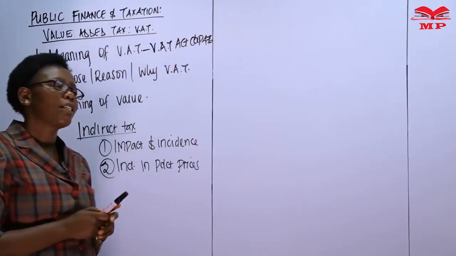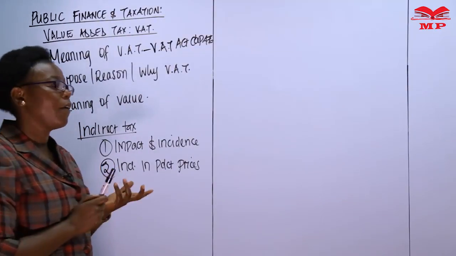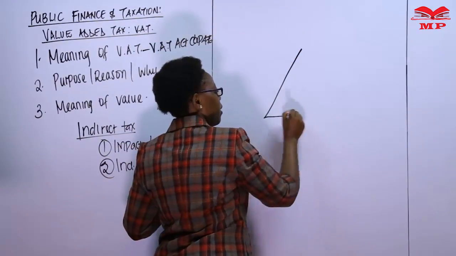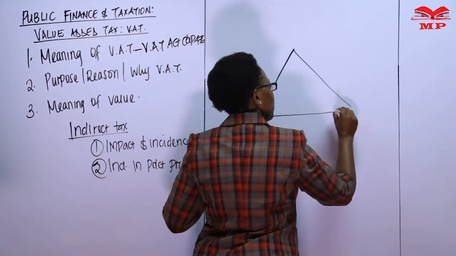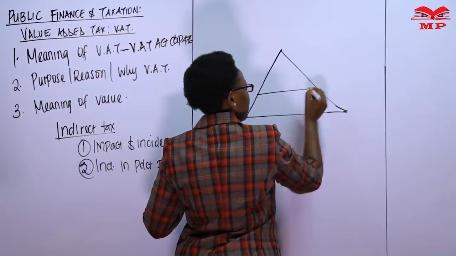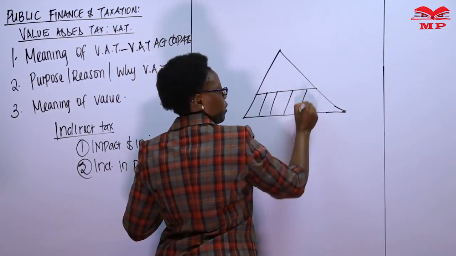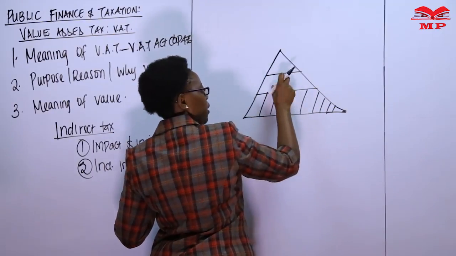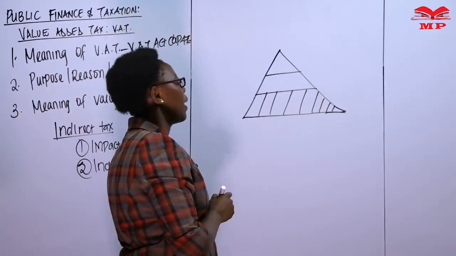Now, if we look at the economic pyramid in Kenya, we're going to have very many people in the lower class, then fewer in the middle class, and then in the upper class.